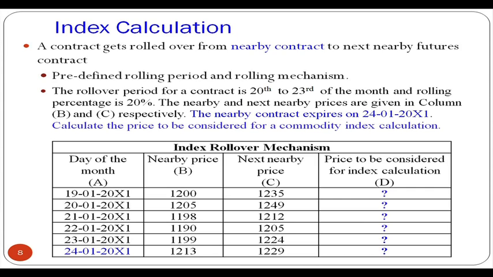A contract gets rolled over from the nearby contract to the next nearby contract. So when the index is getting calculated, a contract gets rolled from a nearby contract to the next nearby contract, and the index advisory committee clearly specifies the rolling period and the rolling mechanism in terms of the rolling rate.